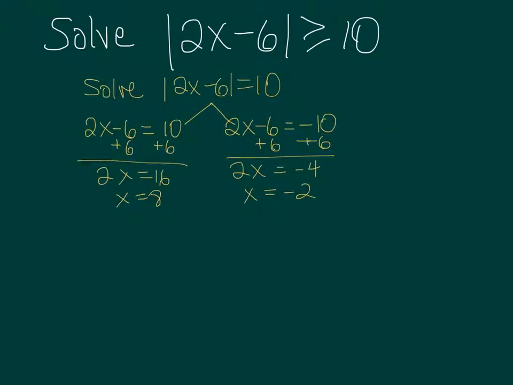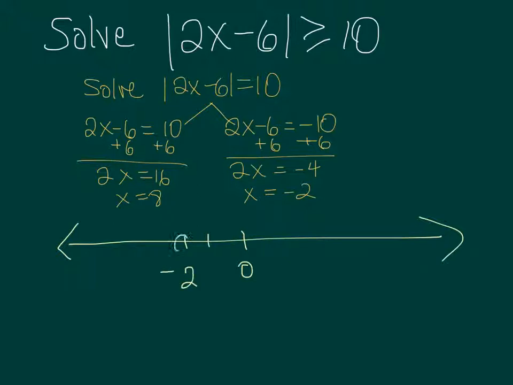So now we have two possibilities. X is either equal to 8 or x is equal to negative 2. Let's show both of those possibilities on the number line. So here's a negative 2. And 1, 2, 3, 4, 5, 6, 7, 8. Here's 8.